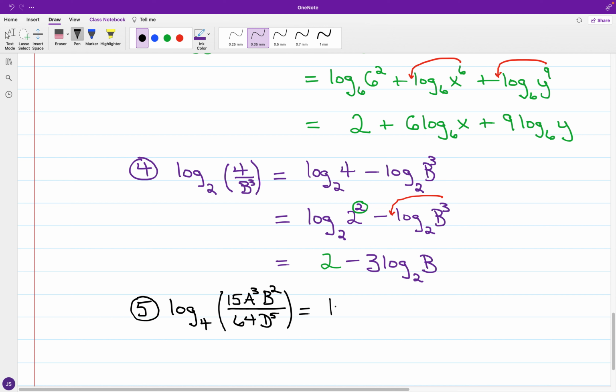So we have a positive base 4 logarithm of 15. And working with a cubed, we have another positive base 4 logarithmic term. And for b squared, also at the top.